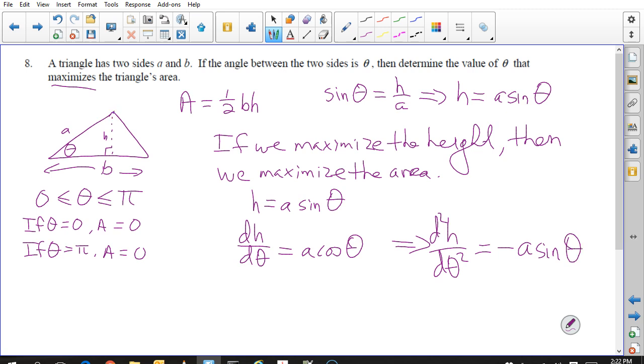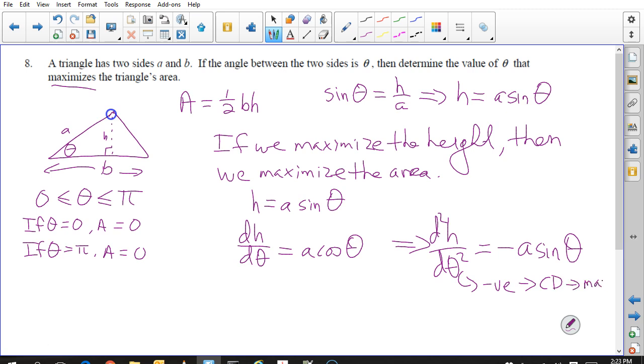Now, in our domain of 0 to pi, what do we know about sine theta? It's always positive, which means negative A sine theta is always negative. So the second derivative is negative, which means it's concave down, which means we have a max.